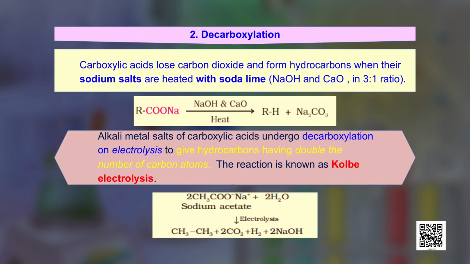Alkali metal salts of carboxylic acids undergo decarboxylation on electrolysis also, and this gives us hydrocarbons which have double the number of carbon atoms. This reaction is known as Kolbe reaction. An example is shown here where you get double the number of carbon atoms in the alkane product.